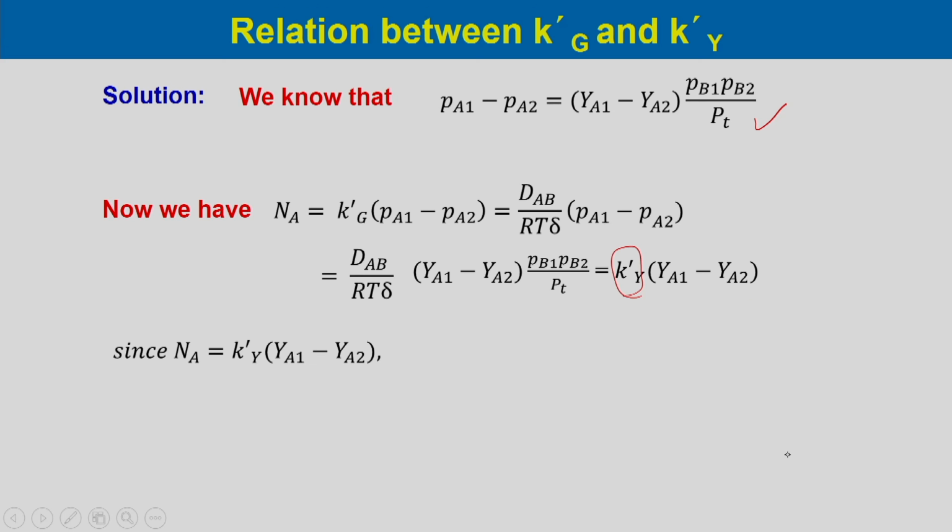From this we can write, since Na is equal to ky dash into Ya1 minus Ya2, ky dash would be equal to dAb Pb1 into Pb2 divided by Rt into delta. So, we can get kg, this would be equal to kg dash Pb1 into Pb2 by Pt.